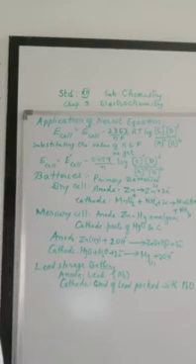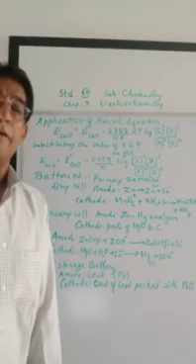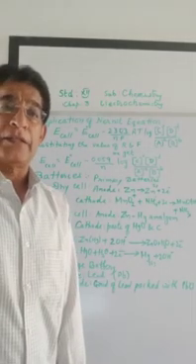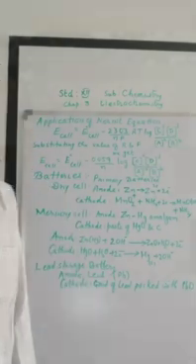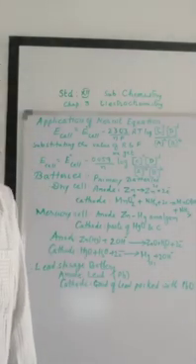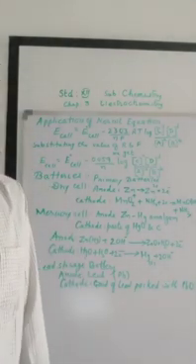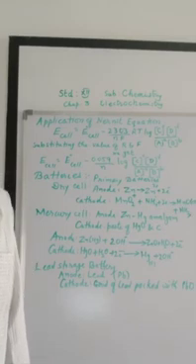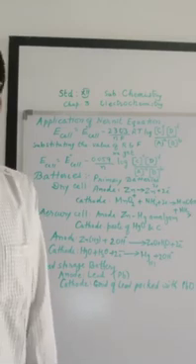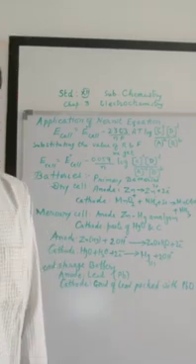It gets oxidized in preference and iron is protected. This method of protecting one metal by the other is also called cathodic protection.